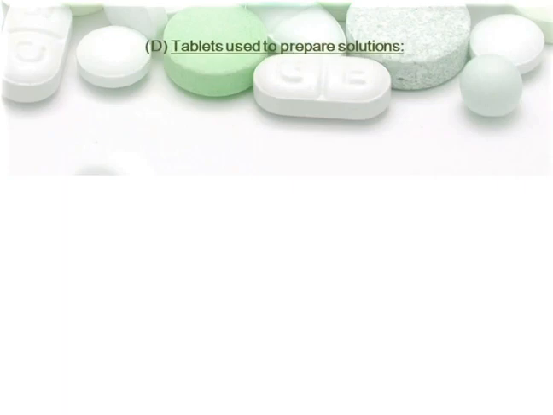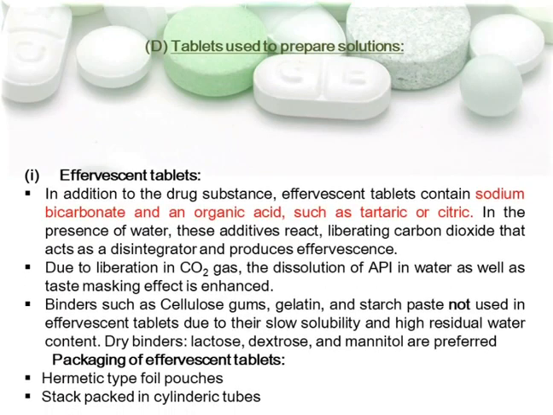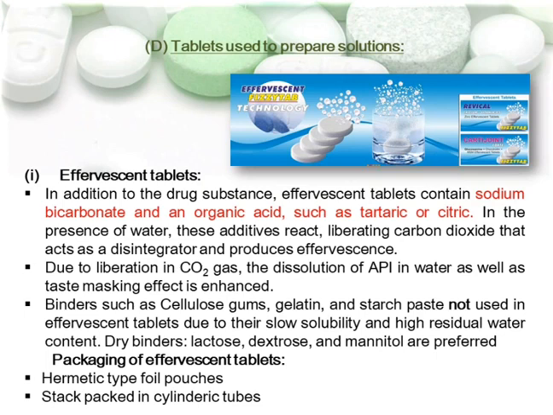Now, tablets used to prepare solutions. Effervescent tablets. In addition to drug substance, effervescent tablets contain sodium bicarbonate and an organic acid such as tartaric acid or citric acid. In the presence of water, these additives react and liberate carbon dioxide that acts as a disintegrator and produces effervescence. Due to liberation of CO2 gas, the dissolution of API in water as well as taste masking effect is enhanced.